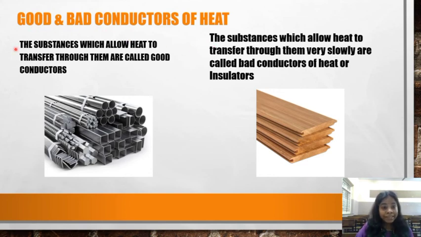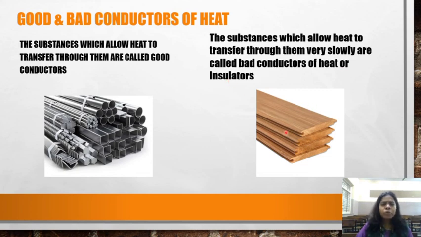The substances which allow heat to transfer through them are called good conductors. For example, metals. All the metals are good conductors of heat. And the substances which allow heat to transfer through them very slowly are called bad conductors of heat or insulators.